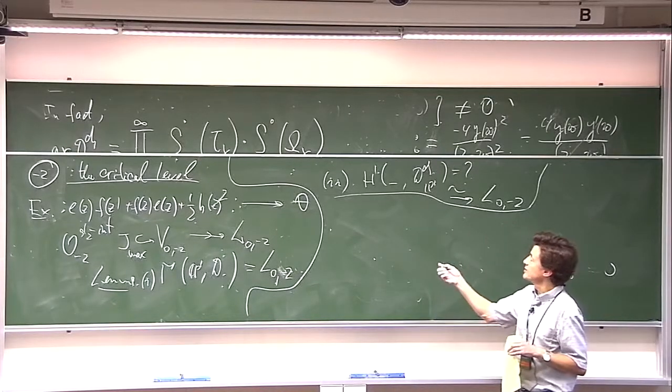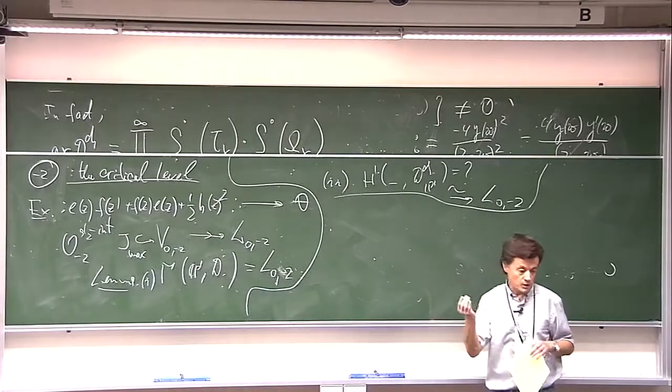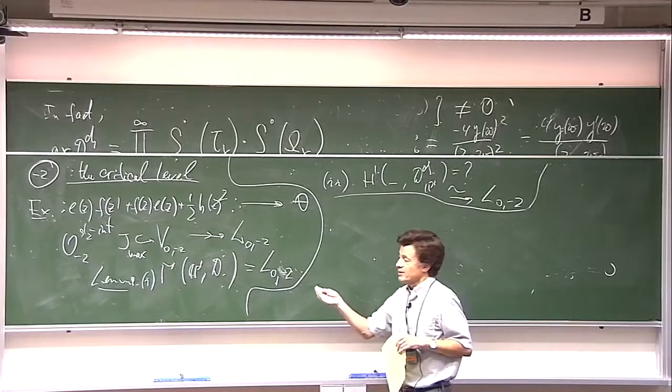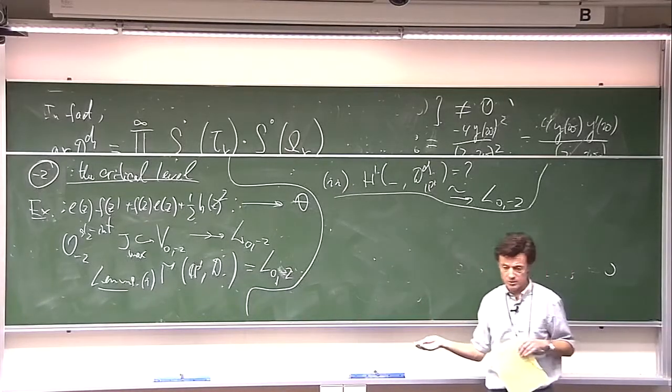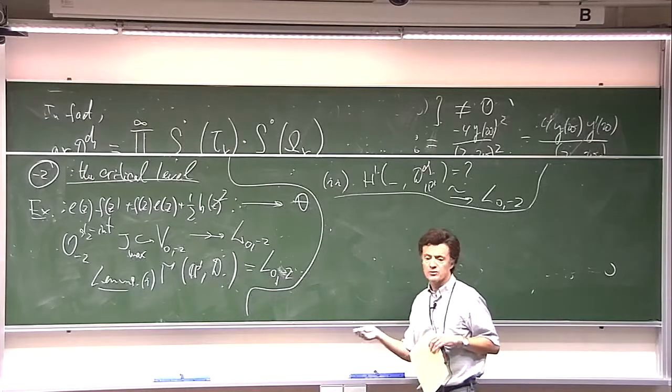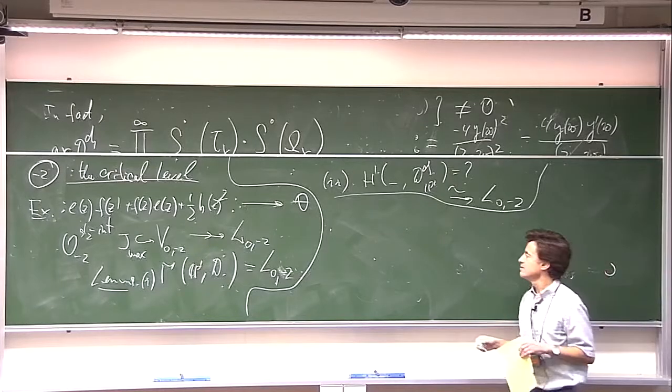So the idea is very simple. We know H0, we want H1. If you look at the definition, an explicit computation of H1 is next to impossible. So you really need to use representation theory and whatnot.